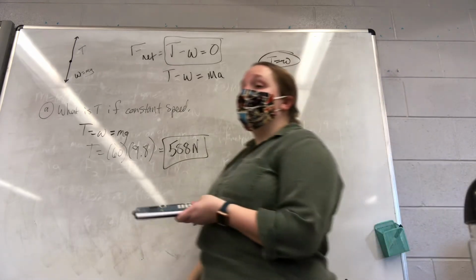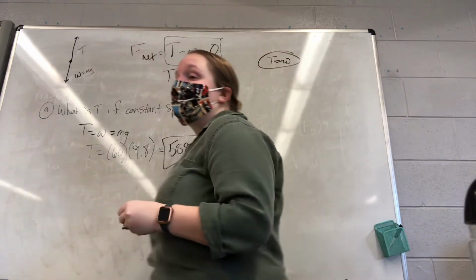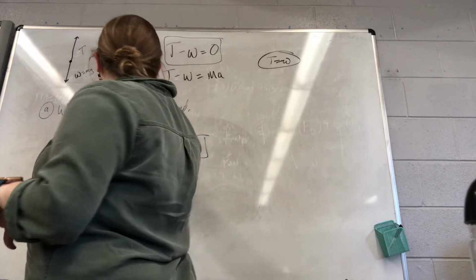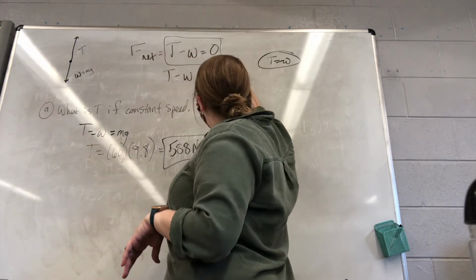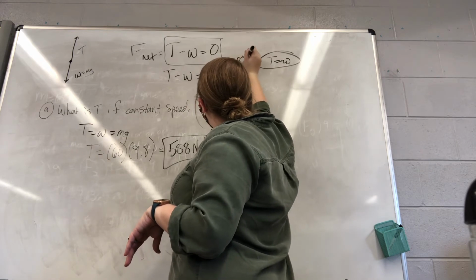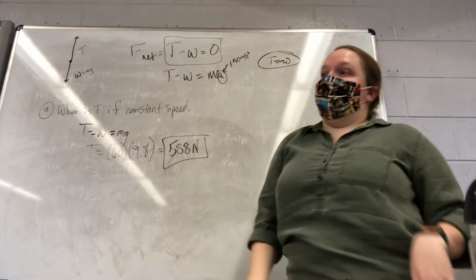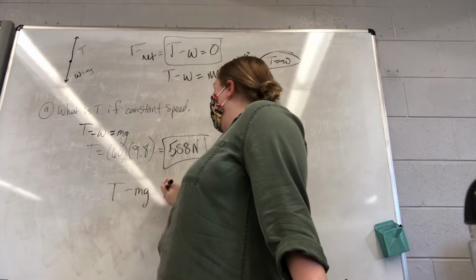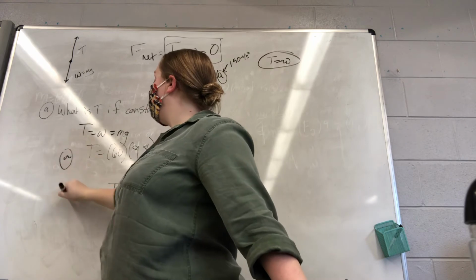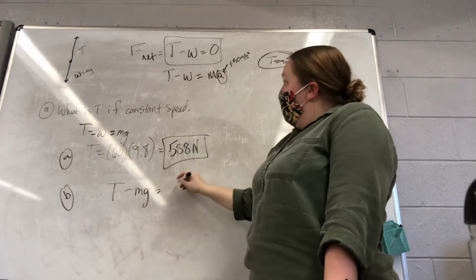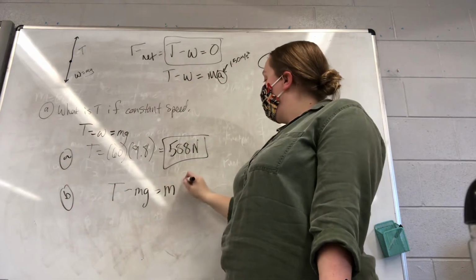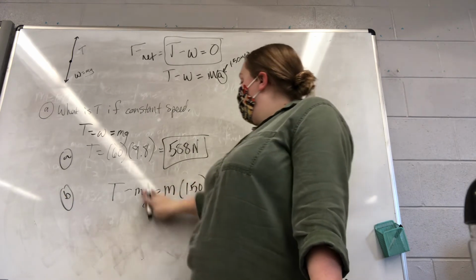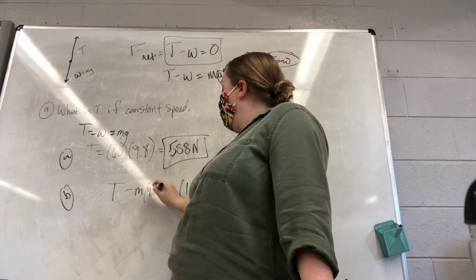In part B, it says, what is the tension in the rope if this person climbs at a rate of 1.5 meters per second squared? In other words, what happens if a is 1.50 meters per second squared instead of not there? So here we're going to do T minus mg, which is weight, remember, equals ma. g is 9.8.